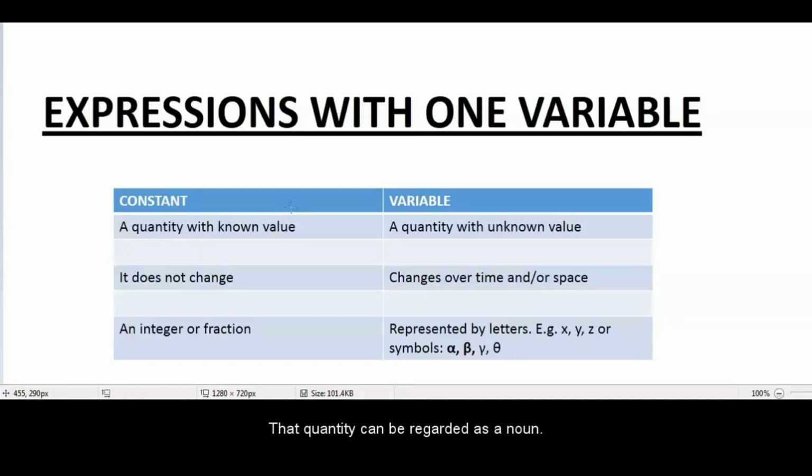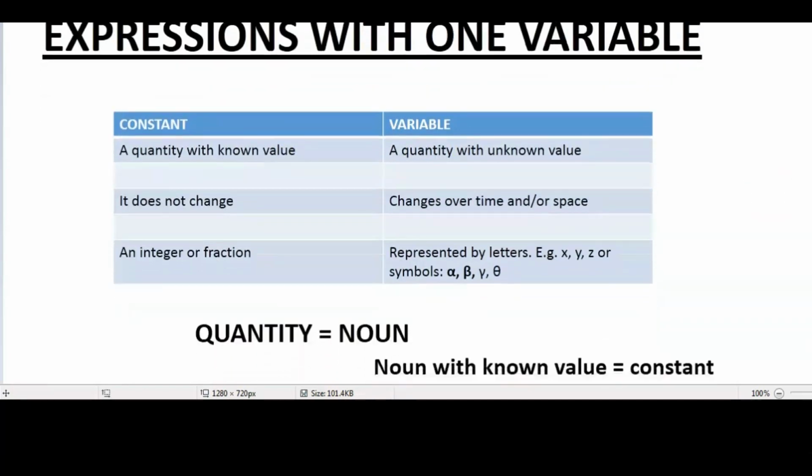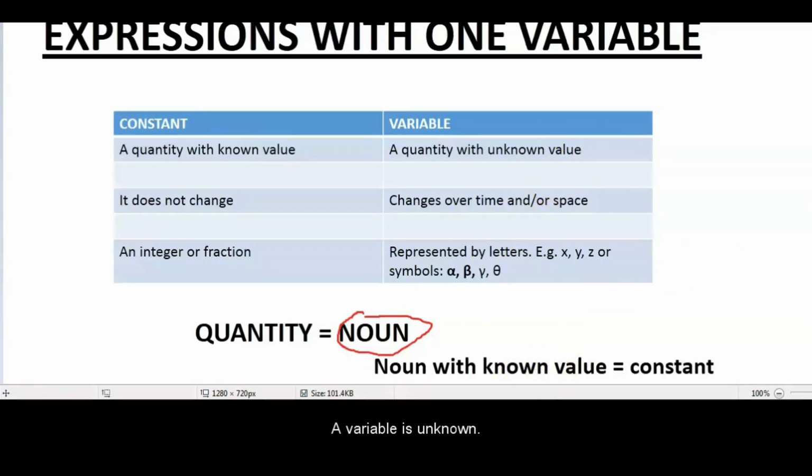That quantity can be regarded as a noun. A variable, on the other hand, is unknown.